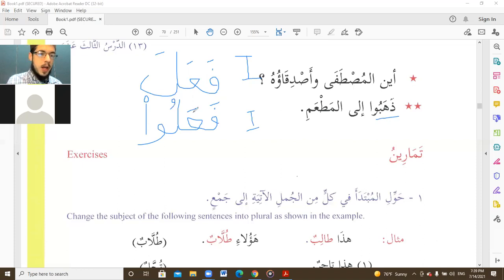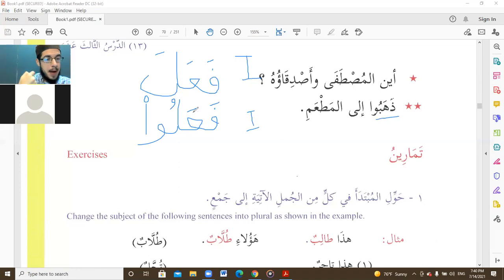Fa'alu. So now I said that we're going to learn conjugation with hand signals. Okay, we're going to point to the side when we're talking the third person. Third person meaning you're talking about someone who's not there. That covers he, she, it, them, or they, I should say. We're going to point directly in front of us when we're talking second person. That means you singular, you plural.